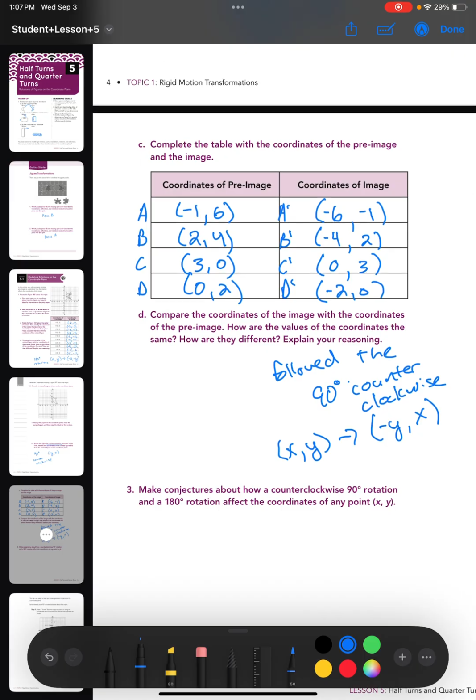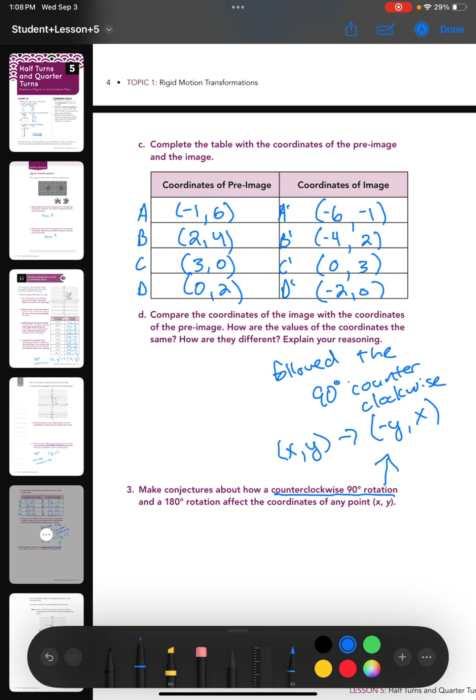Okay, 3, make a conjecture about how a counterclockwise 90-degree rotation and 180-degree rotation affect the coordinates of the point (x, y). So we just talked about a 90-degree counterclockwise rotation.